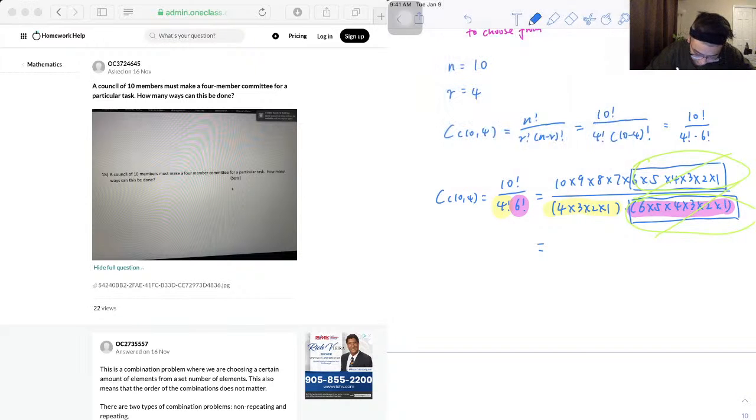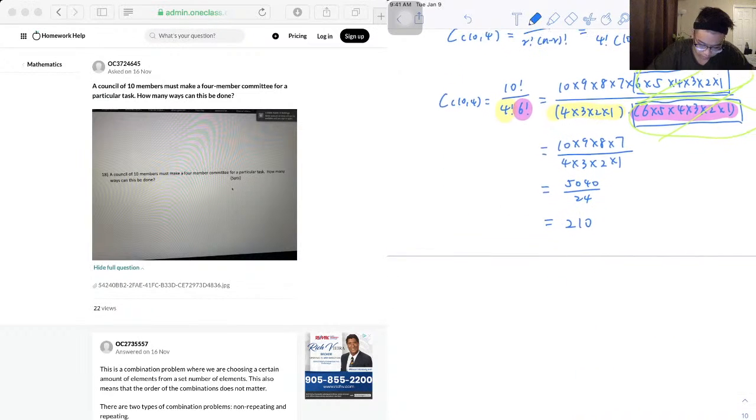What we'll have left is 10 times 9 times 8 times 7 over 4 times 3 times 2 times 1, which is 5040 over 24, which is equal to 210.